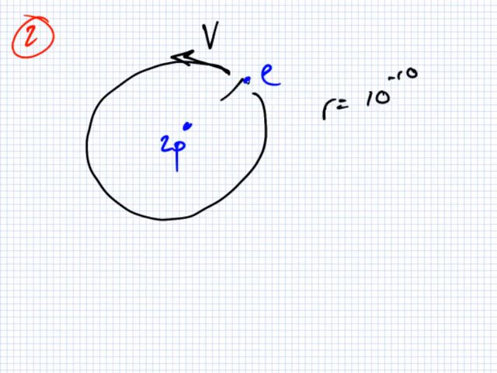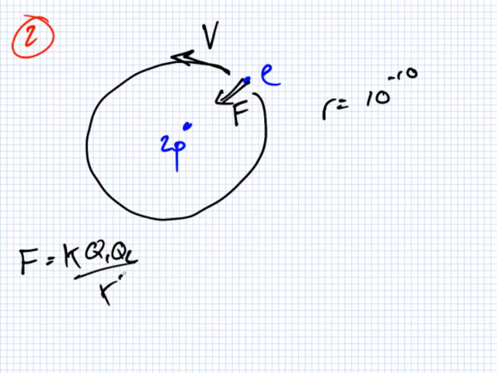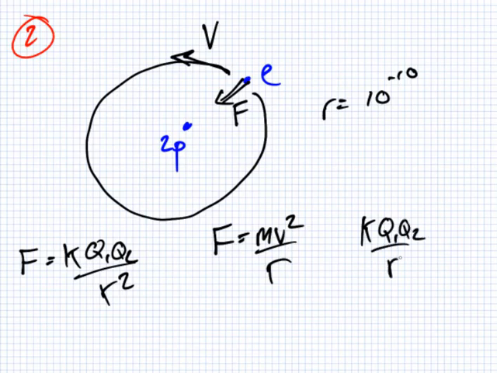And there's a force here. So you know that F equals K Q1 Q2 over R squared. But because it's traveling in a circle, you also know that F equals mv squared over R from circular motion. So you can make them equal: K Q1 Q2 over R squared equals mv squared over R.